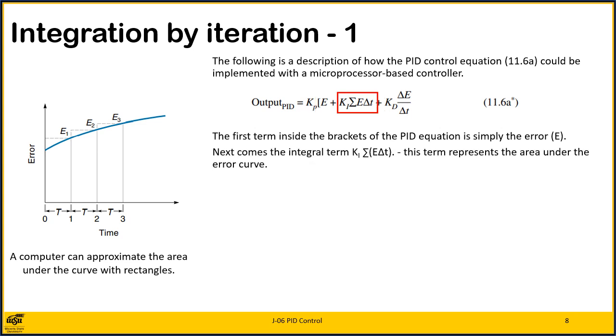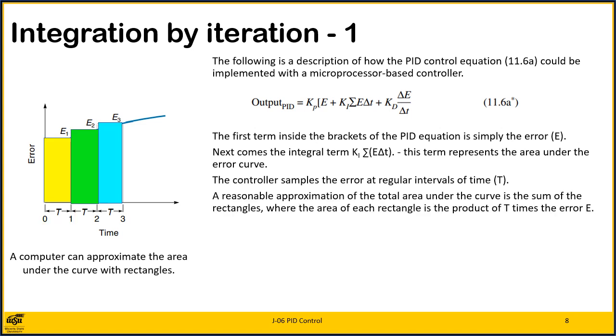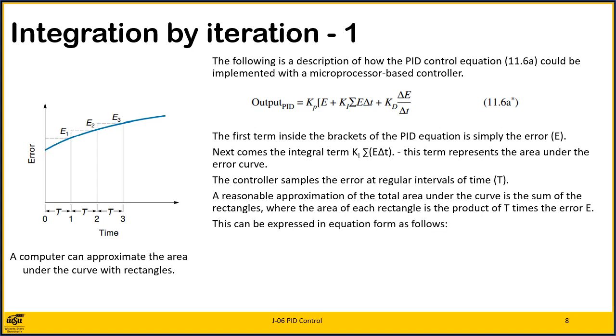Next comes the integral term, Ki epsilon E delta T. As has been discussed, this term represents the area under the error curve. The controller samples the error at regular intervals of time T. A reasonable approximation of the total area under the curve is the sum of the rectangles, where the area of each rectangle is the product of T times the error E. This can be expressed in equation form as follows.